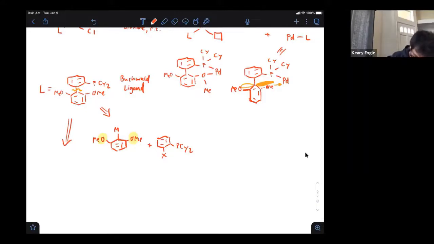And I think the common way to make them is sort of interesting, which is why it merits some discussion. It connects to what Stone had told us, which is you're going to use some metallated, typically Grignard or organolithium, bottom half.